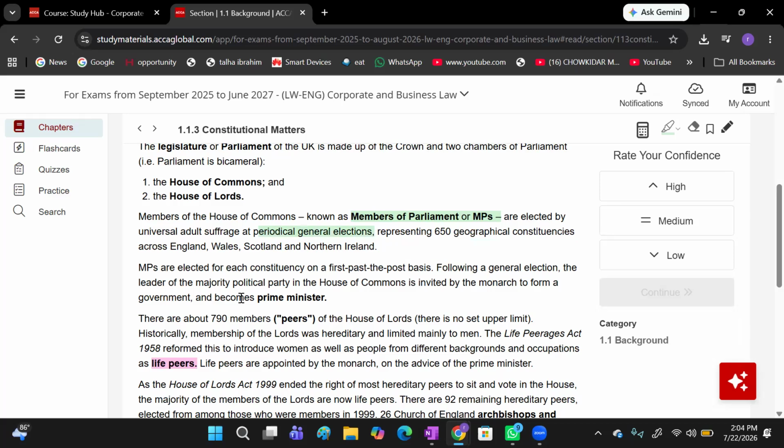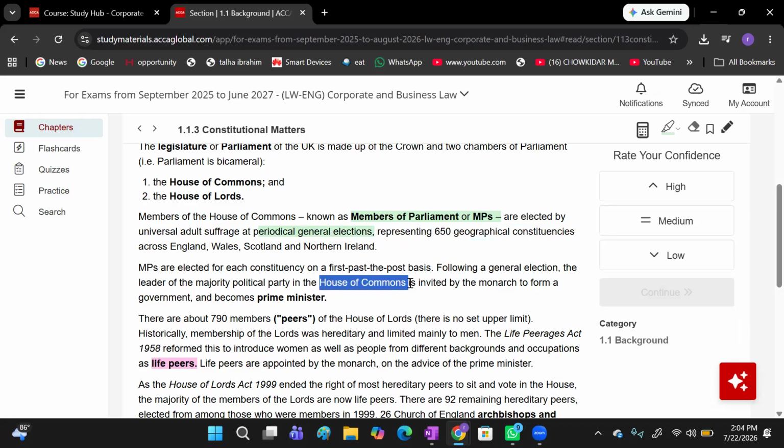The public goes and votes for these people to represent them in the parliament. In the UK, they have 650 geographical constituencies from where people stand for elections. So MPs are elected and they form the House of Commons.